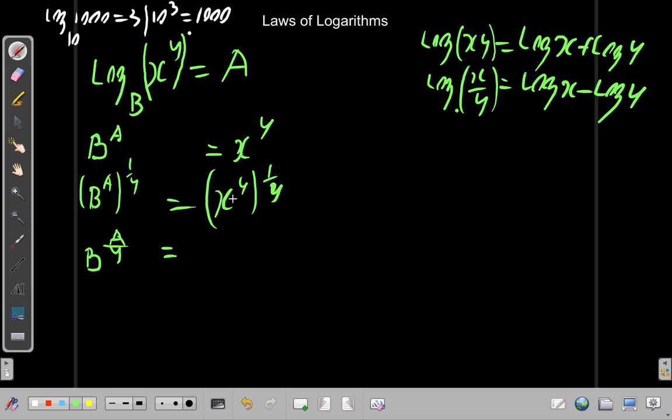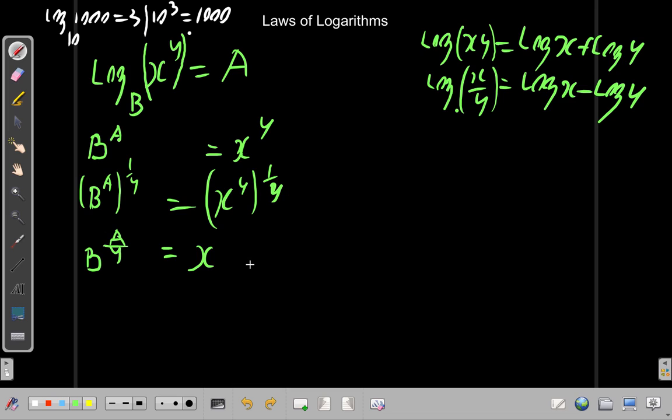Here, you have x to the y over y. Right? But y over y is 1. So it's x to the 1, which is just x. So let's keep it as x. So there you have that.